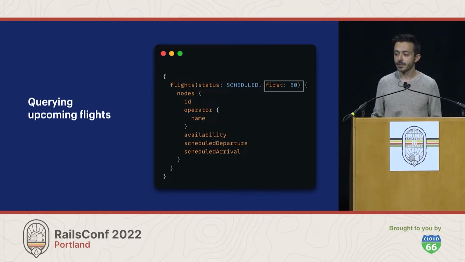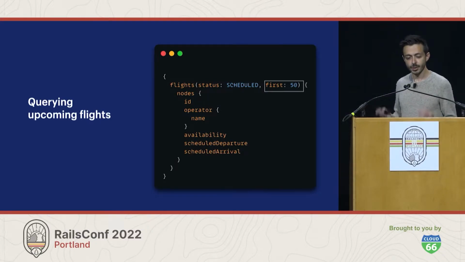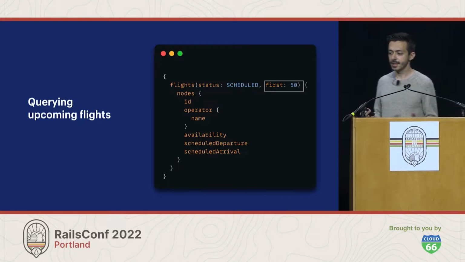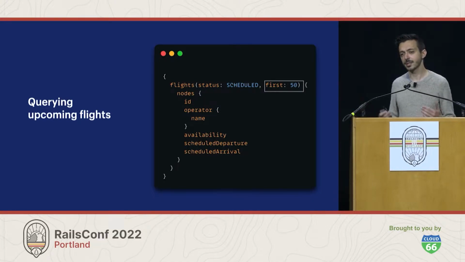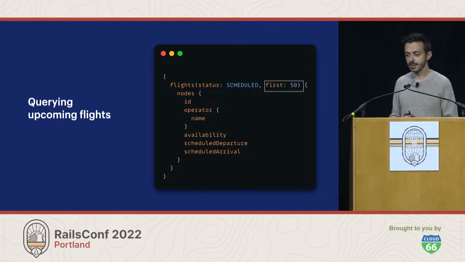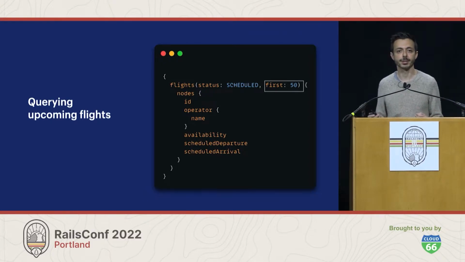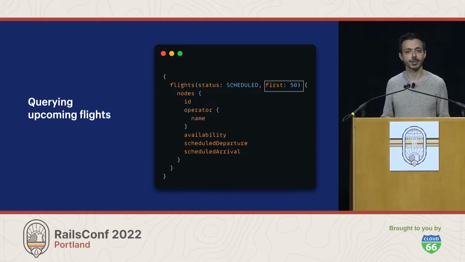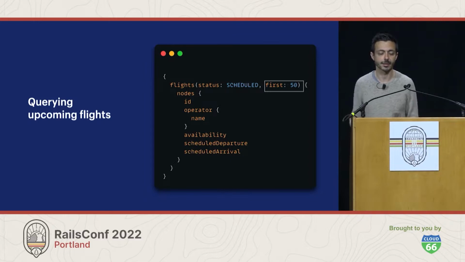And this field returns a connection. A connection in GraphQL is a convention. It's actually a specification that's very common to GraphQL APIs. It's a way for us to manage arrays of objects and have features such as pagination, cursors, and more.